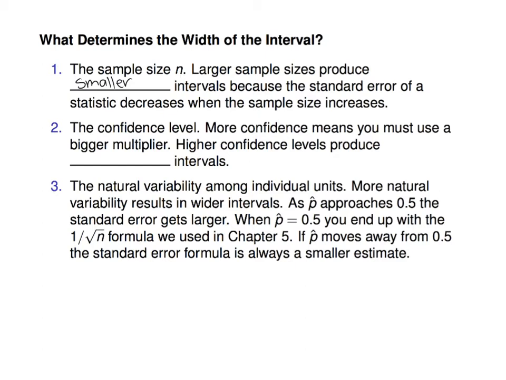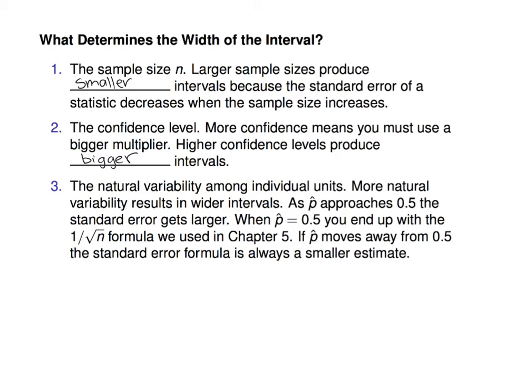Next, the confidence level. More confidence means you must use a bigger multiplier. Think that we're more standard deviations from the mean. Higher confidence levels produce bigger or wider intervals. And lastly, the natural variability among units also affects the width.